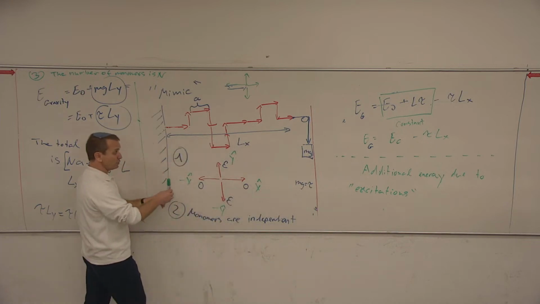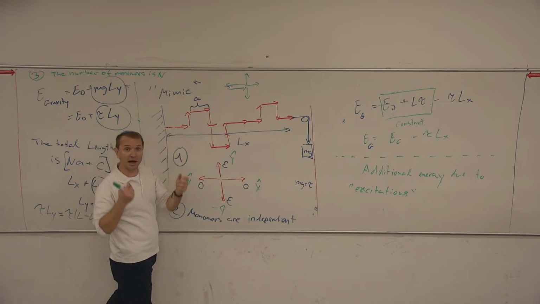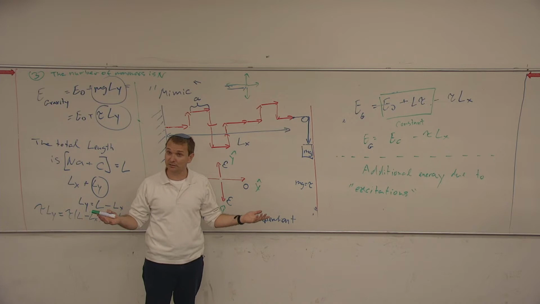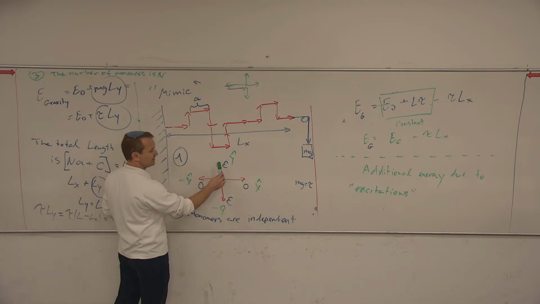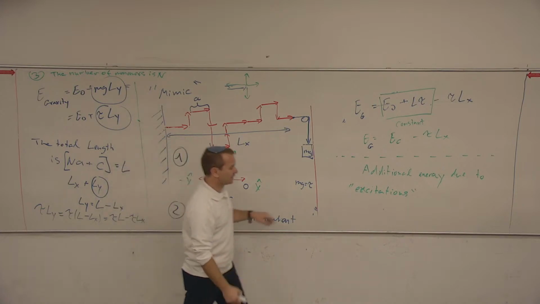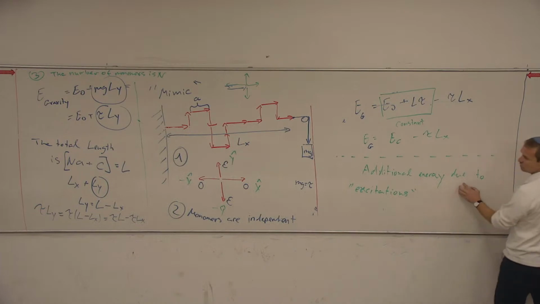Now, there are also some monomers that, because everything here is stochastic, probability, somehow decide to lie in the direction which is perpendicular to the force. So they have energy epsilon. So this is the additional energy due to excitation.